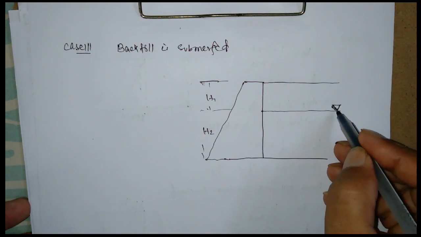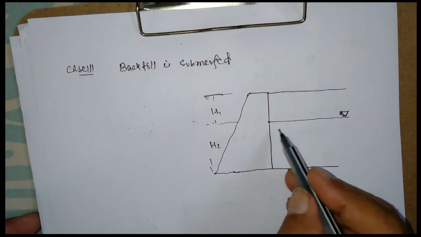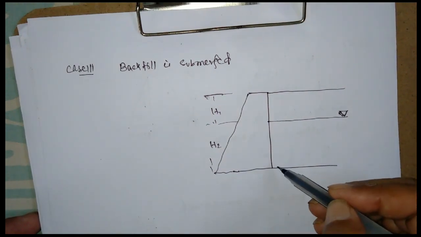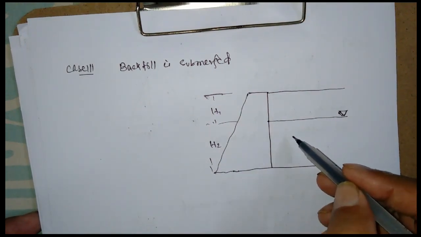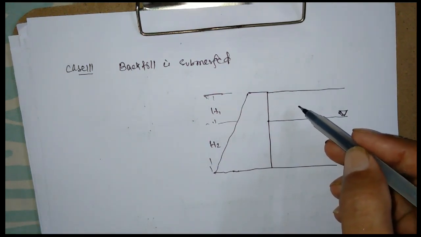This is the water table. Now because of this water table, H2 height of this backfill is submerged, and H1 height of the backfill is dry.